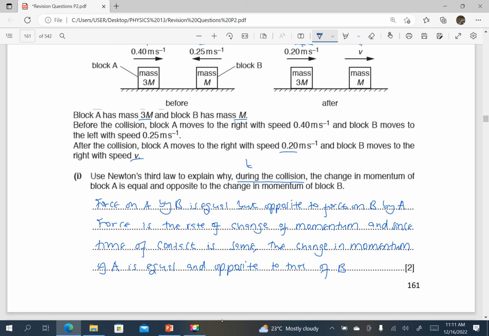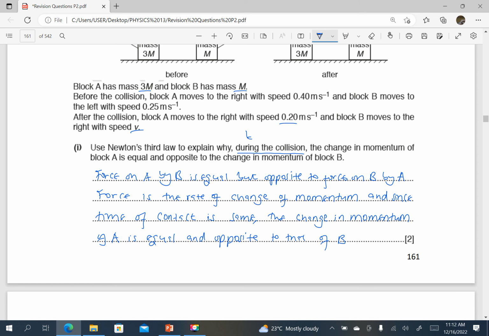So you can think about this in mathematical terms. For example, the force on A is equal but opposite to the force on B. And force, remember, is the rate of change of momentum, which means change in momentum of A with time is the same as change in momentum of B with time.